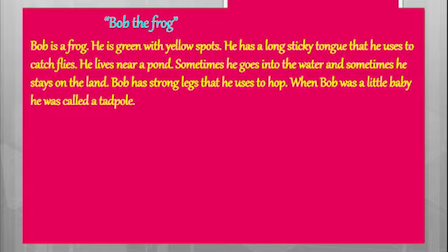A pond is basically a kind of pool, a small body of still water. Sometimes he goes into the water and sometimes he stays on the land. An amphibian can live both on land and in water.